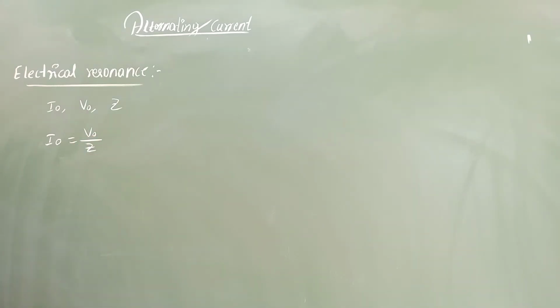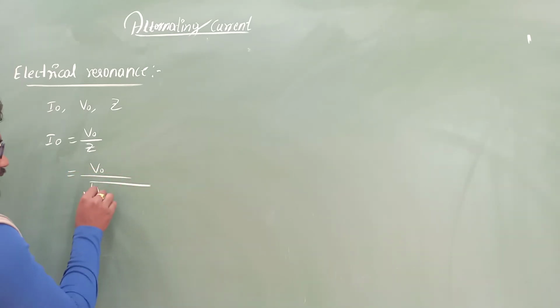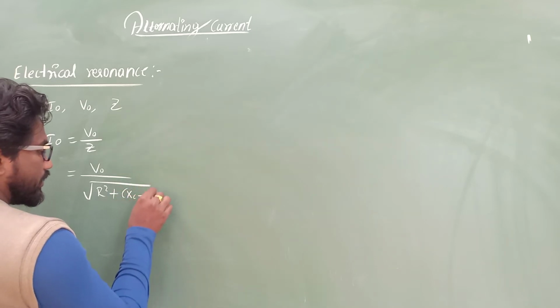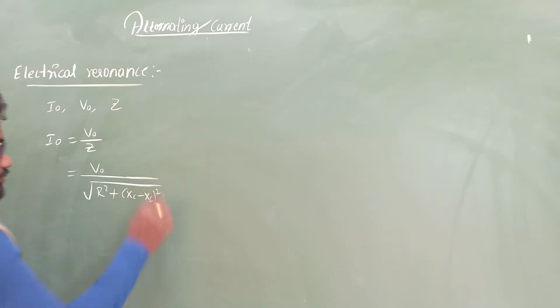Why do I need this, sir? I'll tell you. I0 is equal to V0 by Z, and Z is given as the square root of R square plus (XC minus XL) whole square. What do you mean by XC?